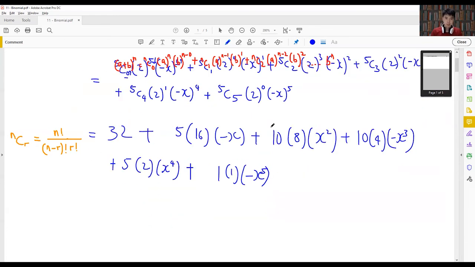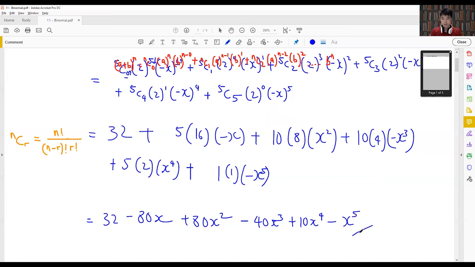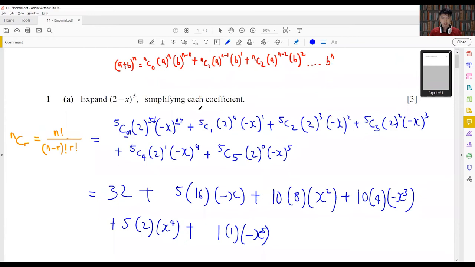From here, all I have to do is simplify everything and changing the symbols where needed. 32, 5 times 16 times negative x, negative 80x, plus 10 times 8 plus 80x squared. Here is 10 times 4 times negative x cubed, negative 40x cubed. This is just plus 10 times x to the power of 4, and plus here is, sorry, minus x to the power of 5. Then this is your final answer for the expansion here.